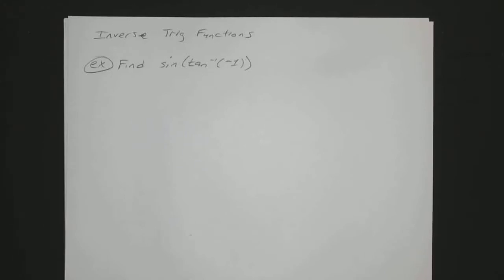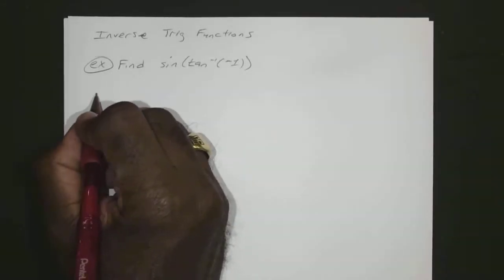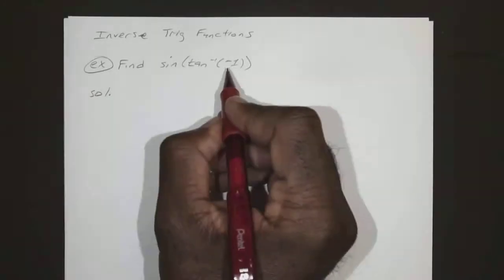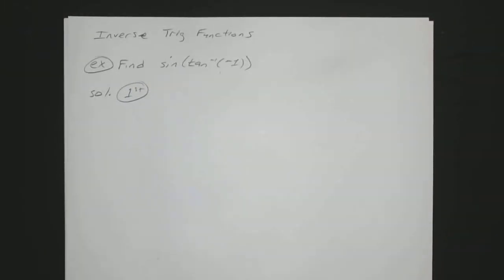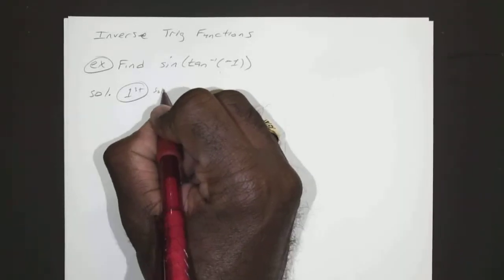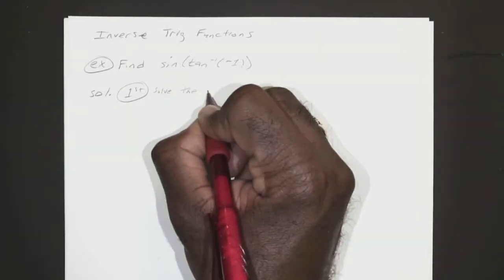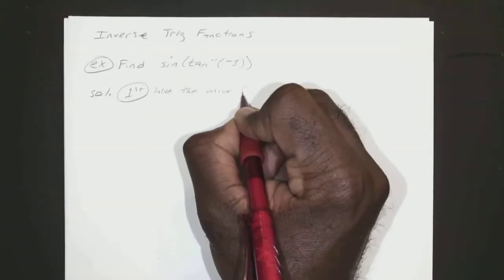Before, we did where sine and sine inverse canceled out, cosine and cosine inverse canceled out, tangent and tangent inverse canceled out. When it's the same, they can both cancel out. But in this case, you have two different ones. When you have two different trig functions, the first thing you want to do is solve what's inside first.